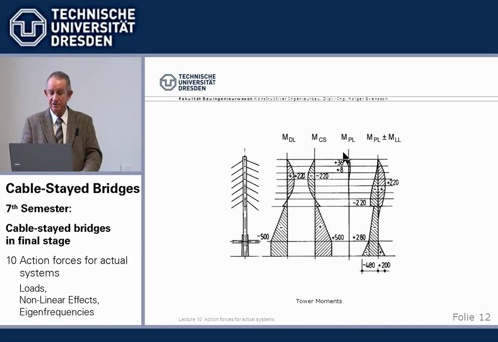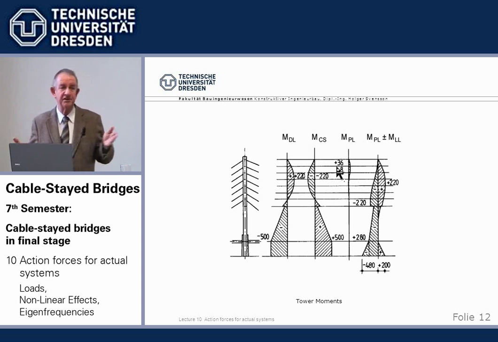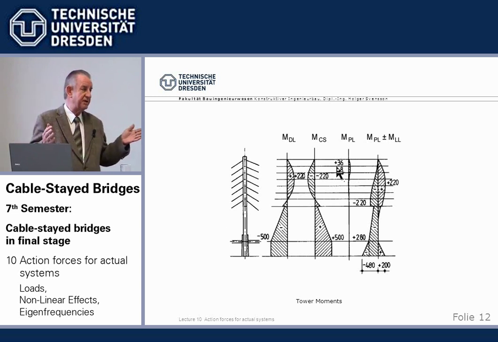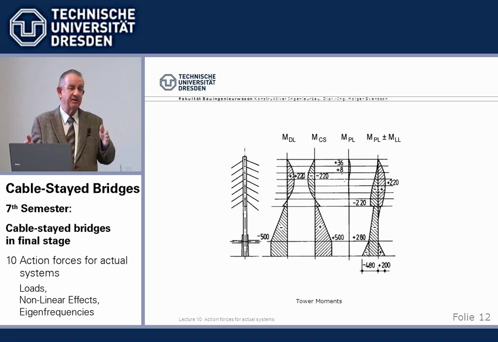Oh, beautiful. And under permanent load, there's virtually nothing left. So then we have to superimpose the life load plus minus with this to size the tower. But the basic principle also for the tower, we take out the dead load moment from the elastic system by appropriate cable shortenings. Just the same.